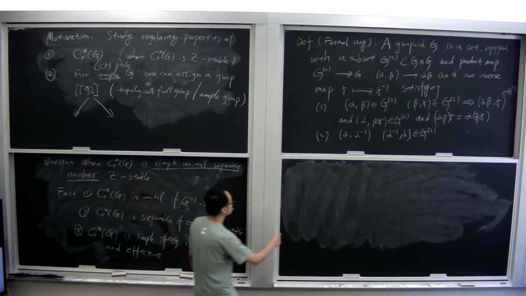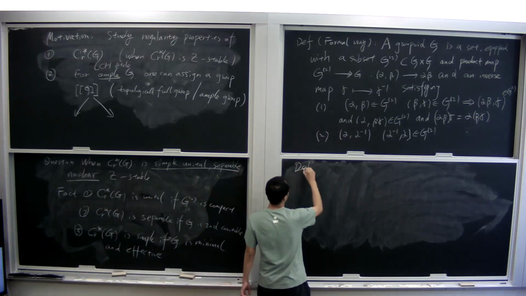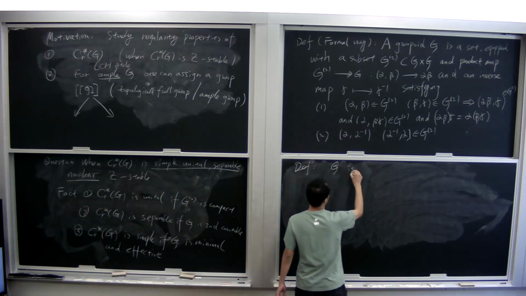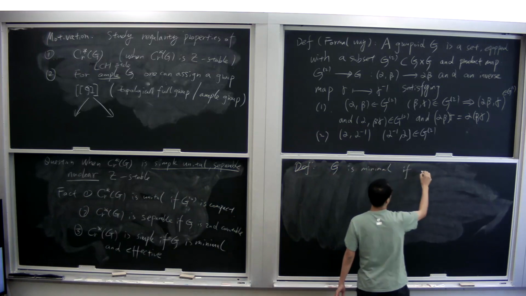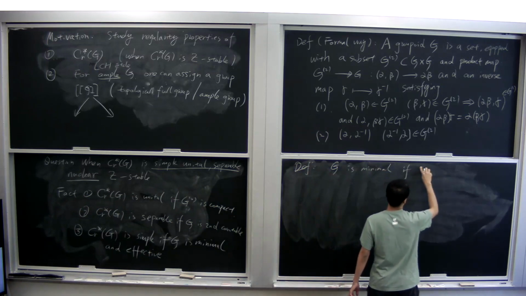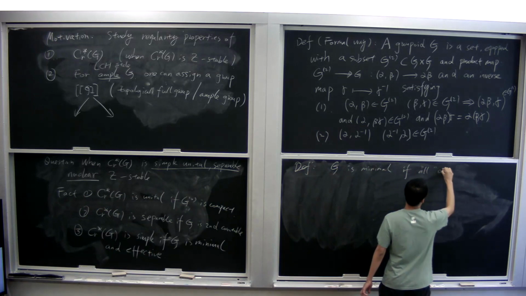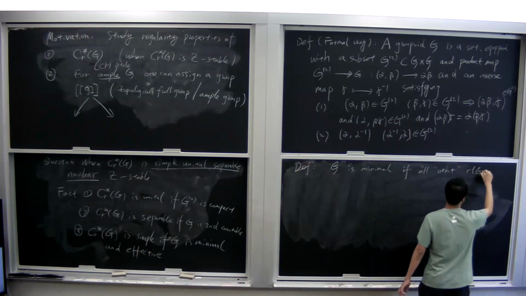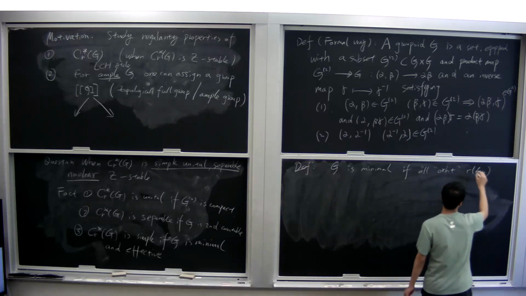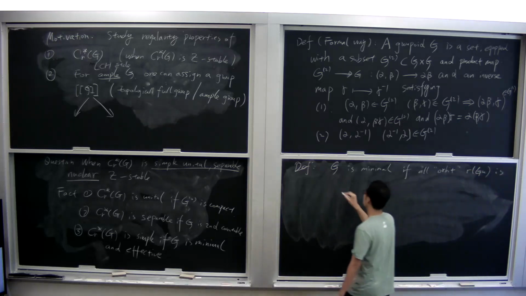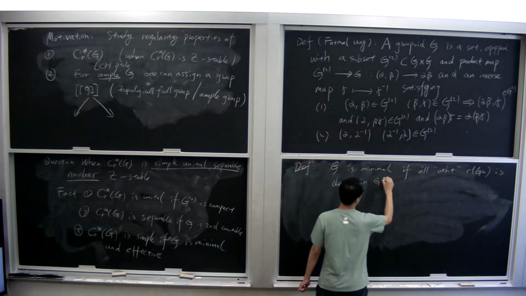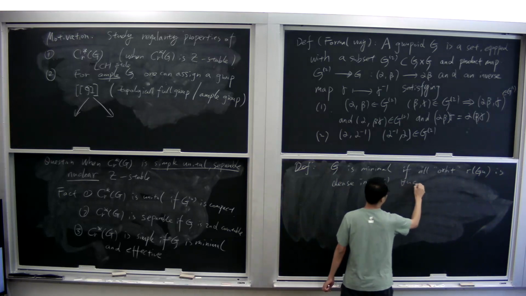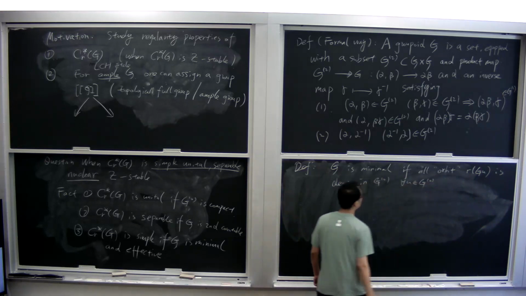Okay, so the definition. G is minimal if all orbits, so G·u, are dense in G^0, for any u in G^0.